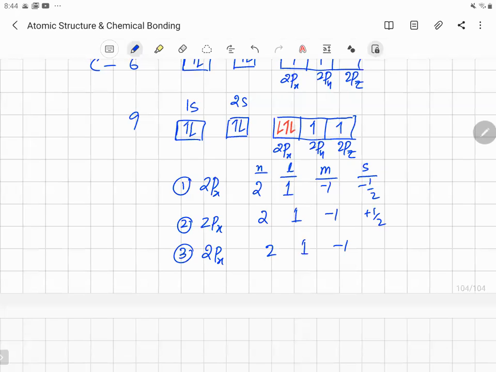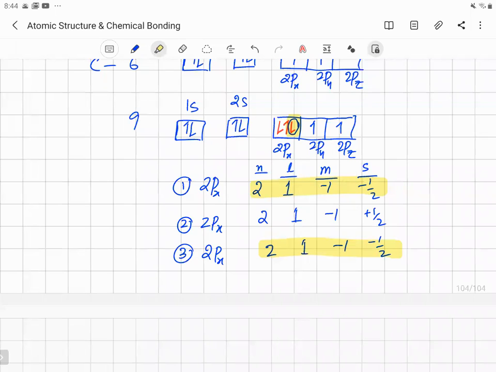And the third electron has anti-parallel spin, so it is minus half. You immediately recognize that these two sets of quantum numbers are the same, and it violates Pauli's exclusion principle.